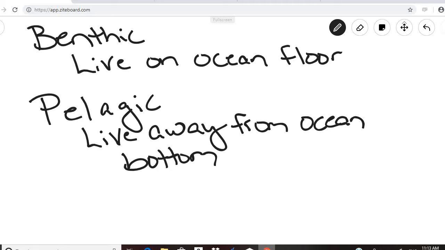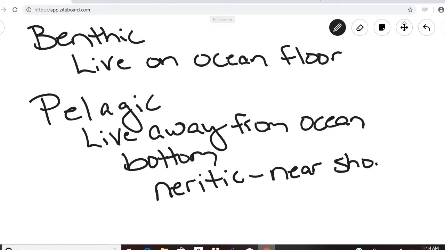And then in terms of the pelagic, we use the term neritic. And these are things that live near the shore. And oceanic refers to those things that live in other areas of the ocean.